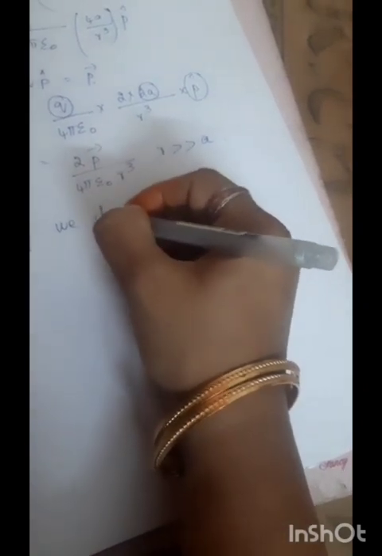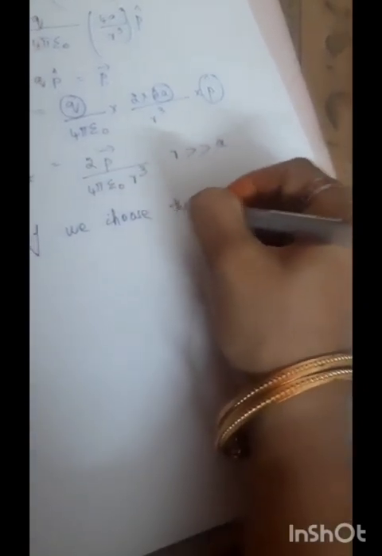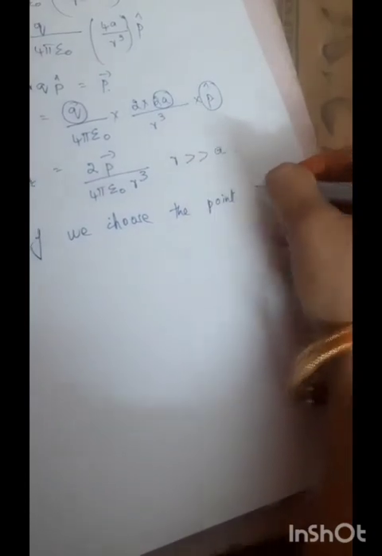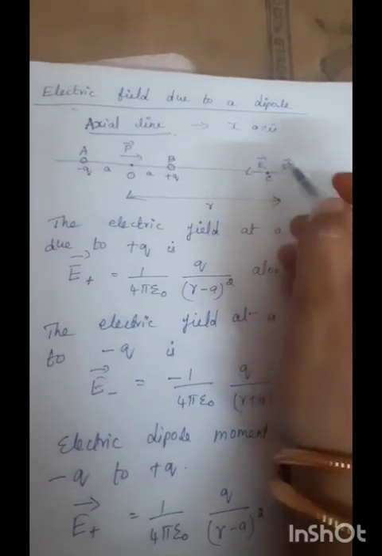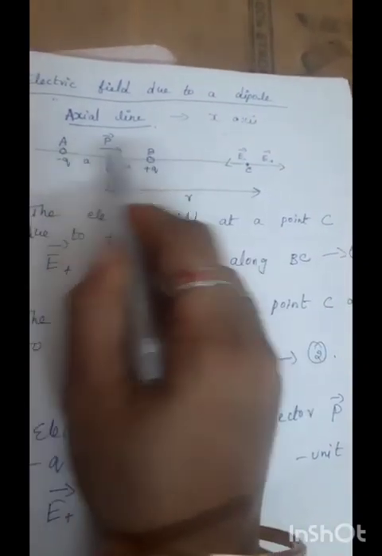Suppose we choose the point C towards the left side. Do you remember, children? Initially we were choosing it on the right side. The point C is chosen towards the right side of the dipole.